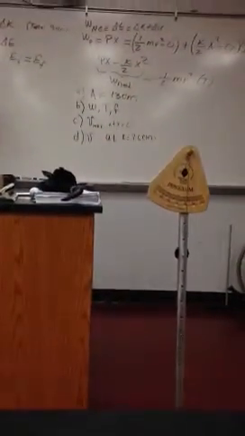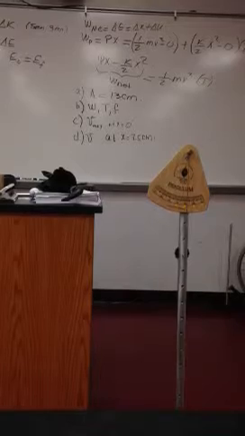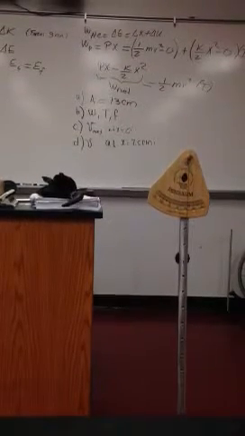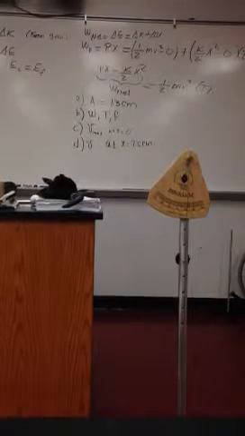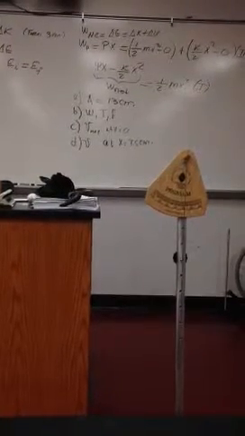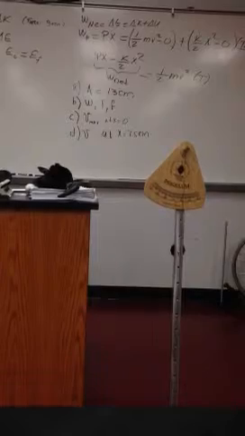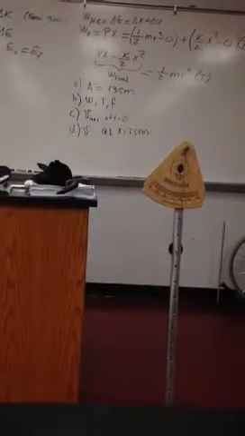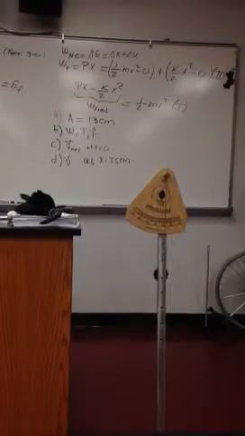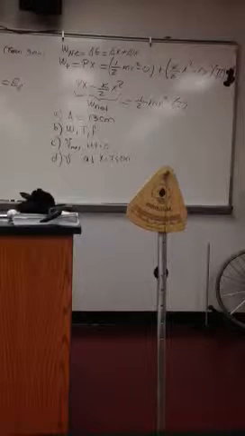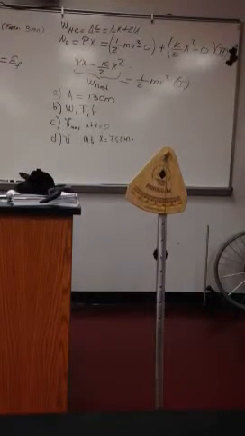How can I find omega? The square root of K over M. Do you have K? The spring constant is given. That value that is given in Newton per meter, 0.80, whatever.